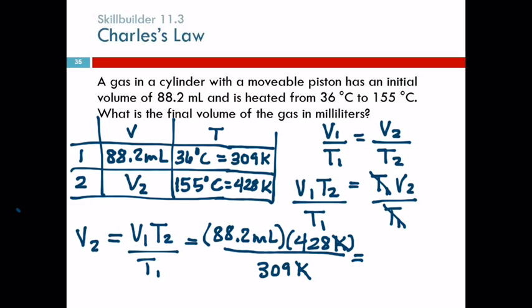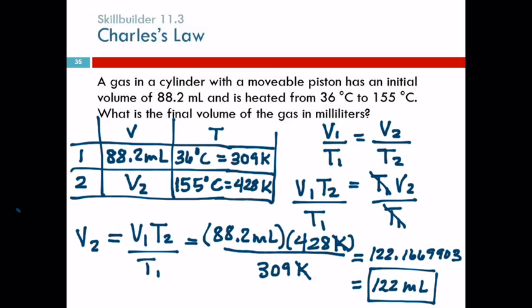My calculator gives me a big old mess: 122.1669903. Then I look at the numbers I've been using, and they all have 3 significant figures, so I'm going to round this to 3 significant figures, and say the new volume is 122 milliliters.